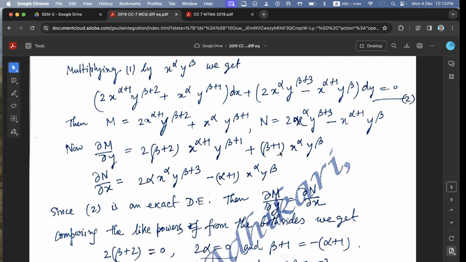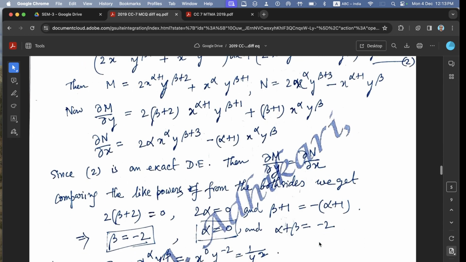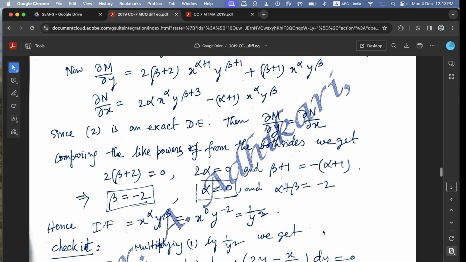So equating the like parts of x to the power alpha y to the power beta from both sides, we get beta plus 1 equal to minus (alpha plus 1). And obviously this term x to the power alpha y to the power beta plus 3 is in the right hand side, but there is no term like that on the left, so 2 alpha equals 0. So we get beta equal to minus 2, alpha equal to 0, and alpha plus beta equal to minus 2.